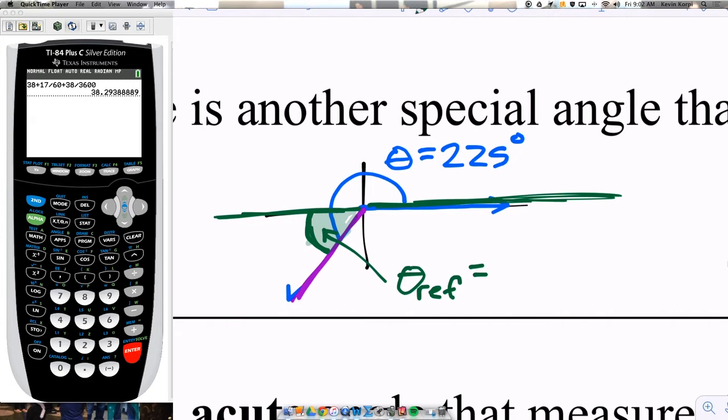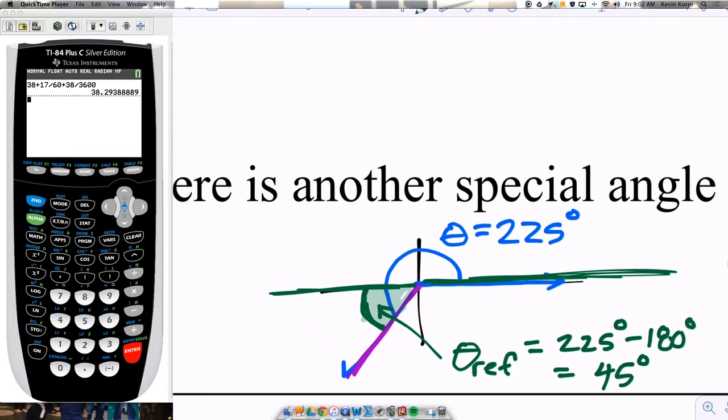Subtract 180 from 225, because if the angle theta gets us all the way to the terminal ray, and the reference angle is now effectively the measure of the angle by which I've gone past 180 to the terminal ray, then the reference angle is going to be 225 minus 180, which gives us what? 45. Yeah, 45 degrees. So the reference angle is a 45-degree angle.